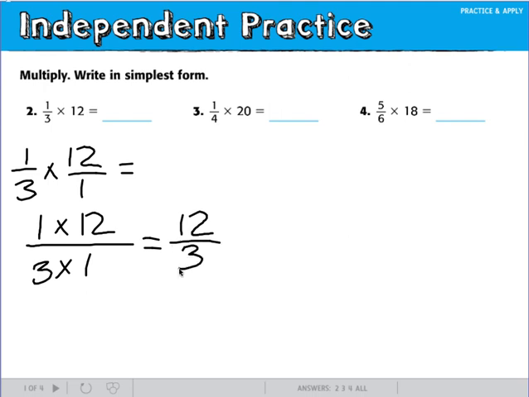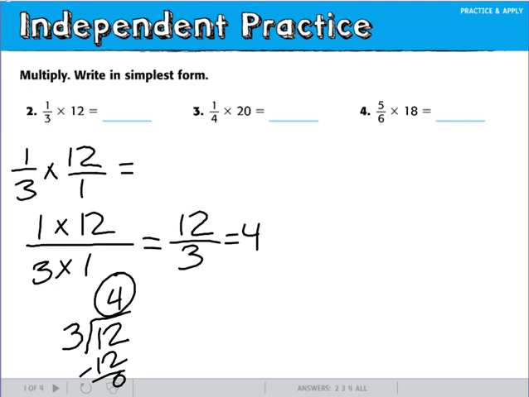Twelve thirds, right? Okay. Now, I want to divide 12 divided by 3. How many times is 3 going into 12? 4. That is 12. So my remainder is 0. So my answer is 4. Okay.